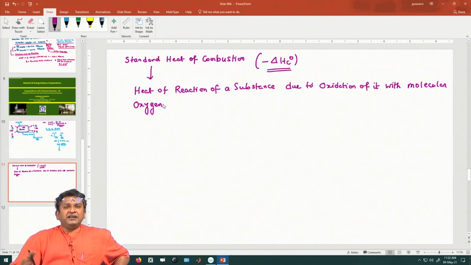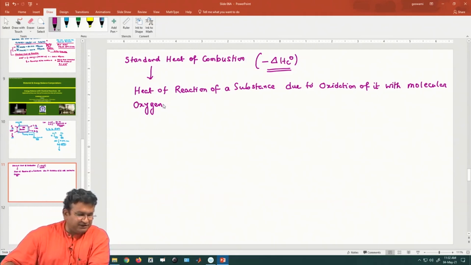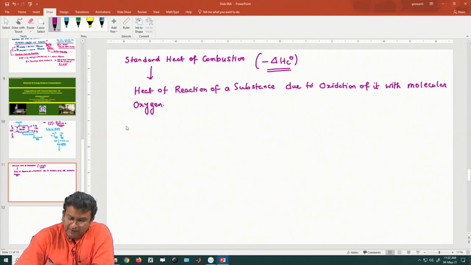You do not consider any excess air, or nitrogen being present or whatever. So when you are calculating the heat of combustion, please understand that you are not talking about the air that you are pushing into the reactor or the combustion chamber, because the oxidation reaction only takes place with molecular oxygen and in stoichiometric amount, and this can be measured, right.